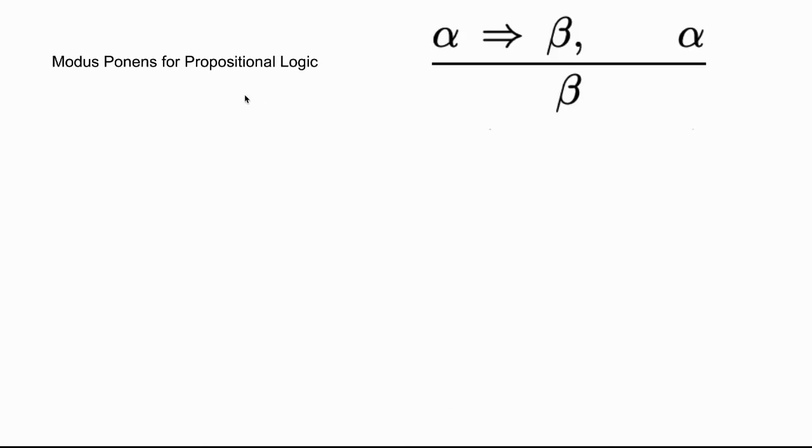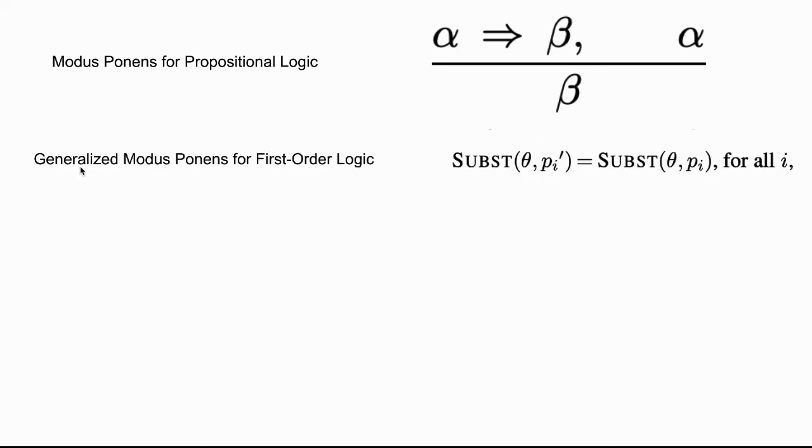So how do you do inference? In propositional logic, you have something called modus ponens. What that means is that if alpha implies beta, and if alpha is true, then beta must also be true. Now there is a generalized version for first order logic.